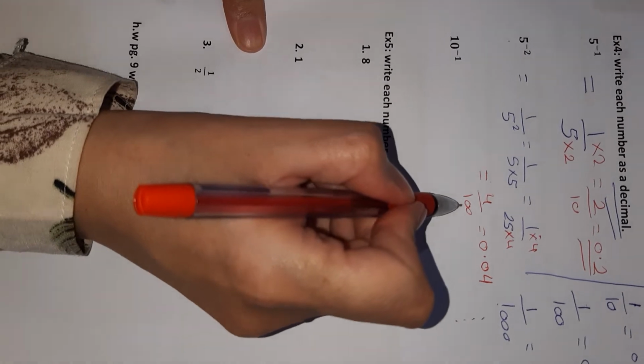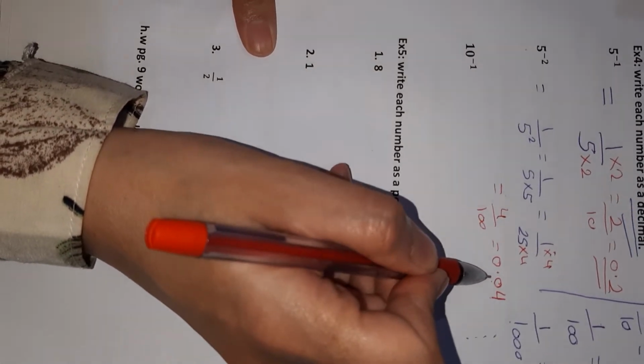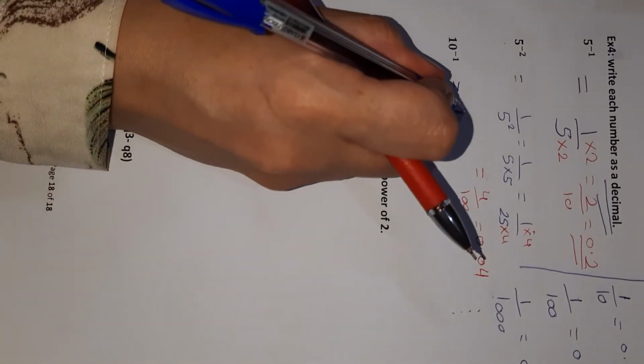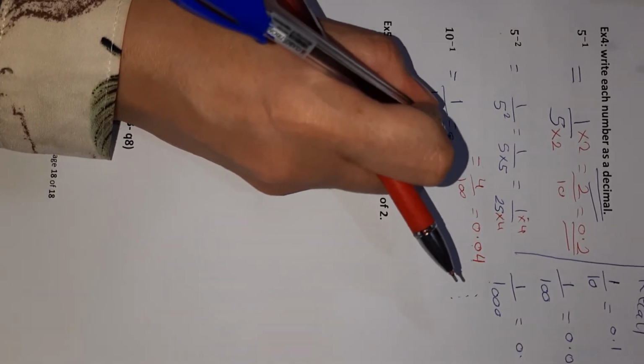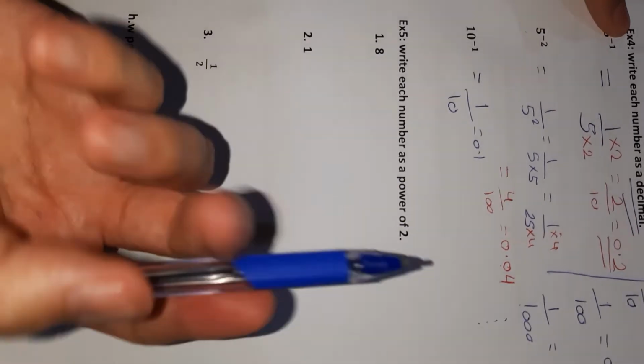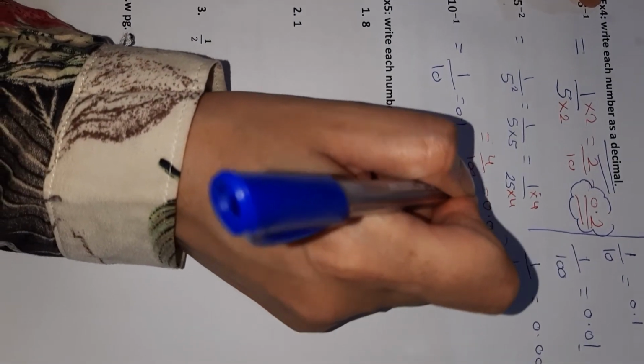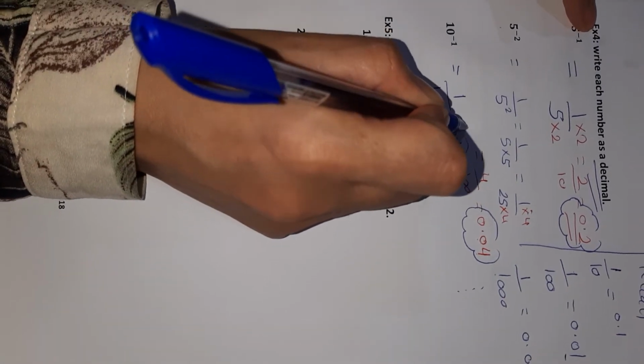Remember, 2 zeros. Here in the empty blank, write 0. Here the easiest one, 1 out of 10 to the power of negative 1, which is 1 out of 10, which is 0.1. So here I wrote each number as a decimal.